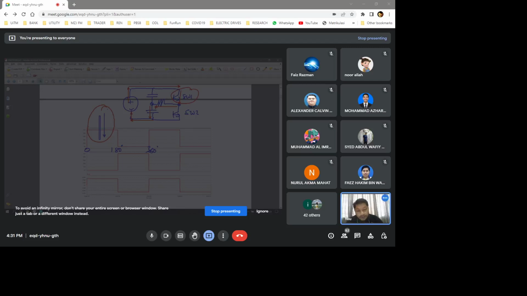If you look carefully, because we have a very large capacitor here, let's say this is 100 volt, and the input is 100 volt.